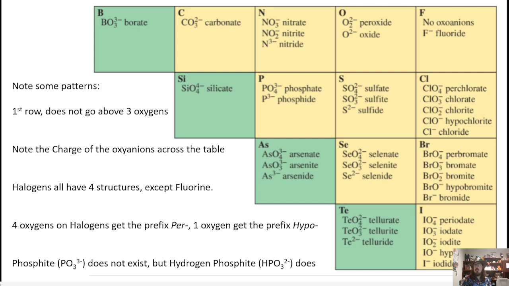So perchlorate means above or elevated above chlorate. So chlorate and chlorite still are upper and lower, but perchlorate means above chlorate and hypochlorite means below chlorite. And that is how we're going to distinguish those 4 possibilities. And that's going to hold true for all of our group 7 except for fluorine.